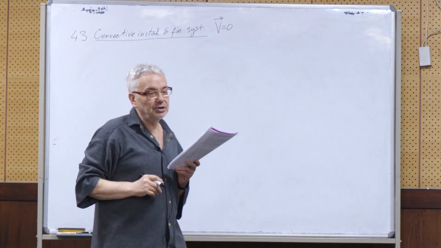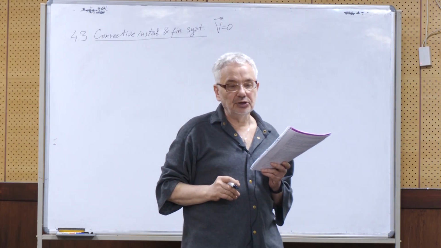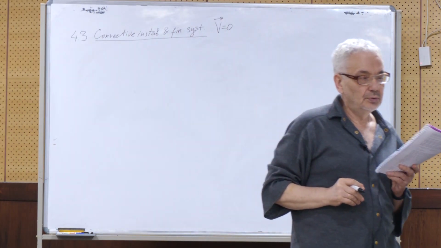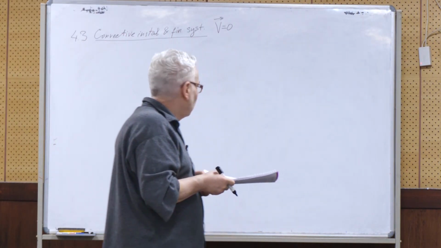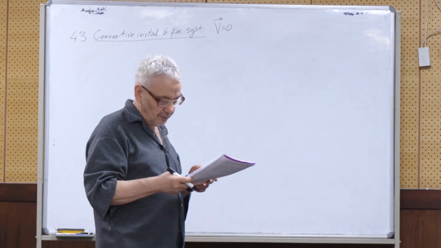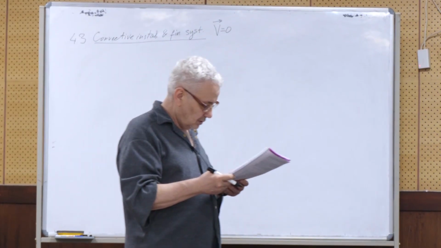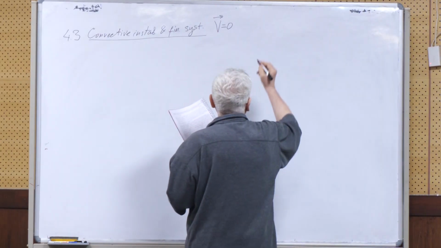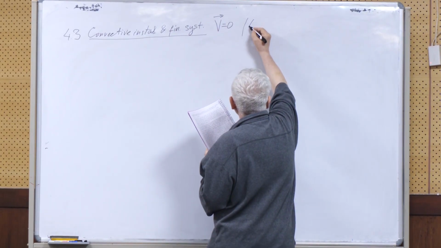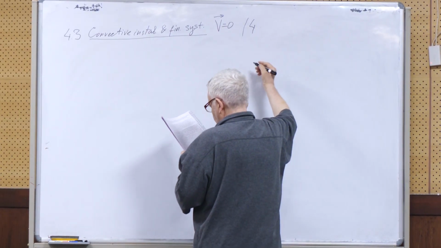It's easy to see that this solution under this condition is not zero. It's some hydrostatic equilibrium, and namely this hydrostatic equilibrium allows us to drive the convection. So we take the initial system.